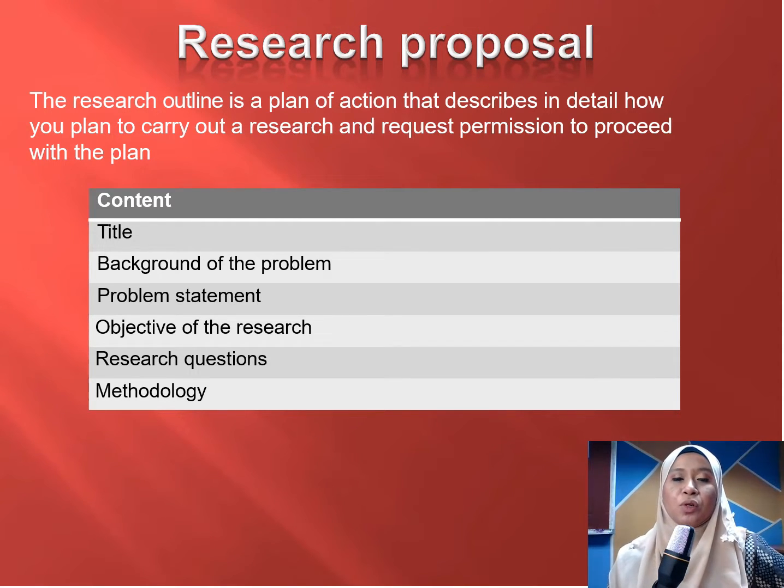So the plan would consist of the title, background of the problem, okay, which is general information about the problem or the topic, the problem statement, research objective. Okay, you can also include research question, which is actually a statement from the objective but in the form of a question, and lastly a methodology.